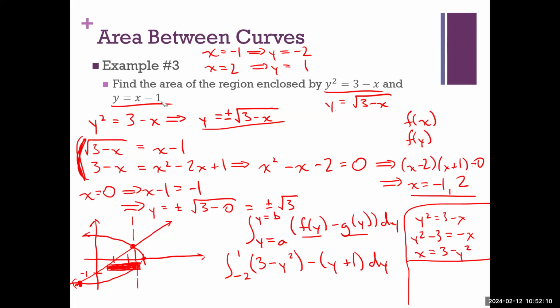So in y equals x minus 1, no matter what value of x I give you, I will get one y value, right? Is that true for this thing? That is not true for y squared equals 3 minus x. If I give you a single x value, I might get two y values. So this thing is not a function of x. But is x a function of y?